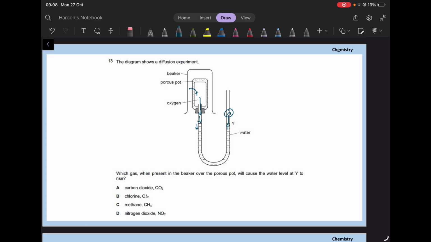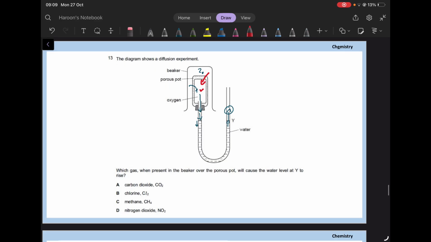So which gas, when present in the beaker over the porous spot, so over here basically, will cause the water level at Y to rise? So we want any gas that is lighter. If it is lighter, it will be pushed inwards, it will go inside, because it would be diffusing faster. So there would be more of these particles inside this jar.